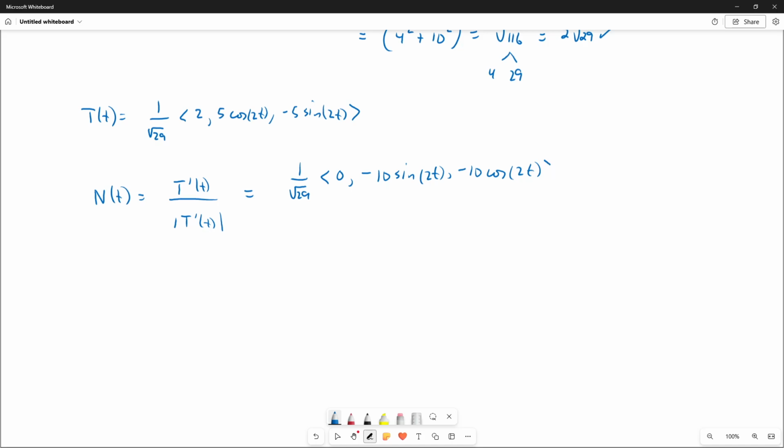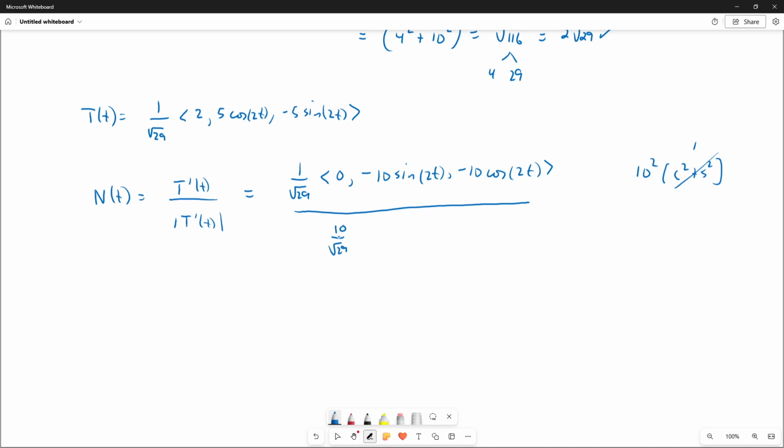So this is T prime, and the magnitude of this vector is 1 over the square root of 29 times the magnitude of this, which is just 10, because if we square these and add them up, we will get 10 squared times cosine squared plus sine squared, and those make 1. So we get 100, and the square root of 100 is 10.